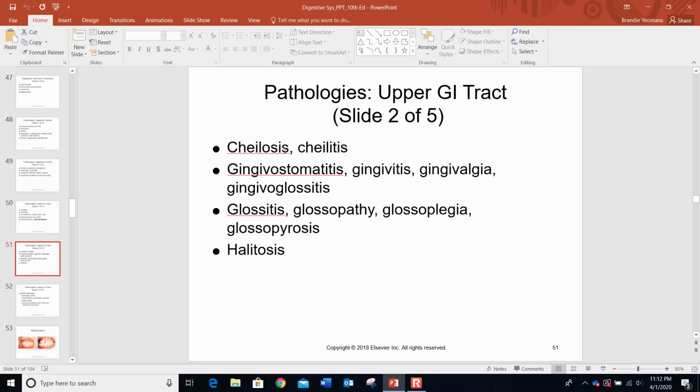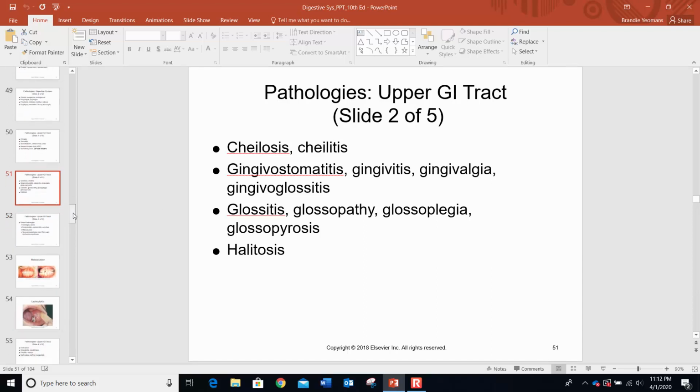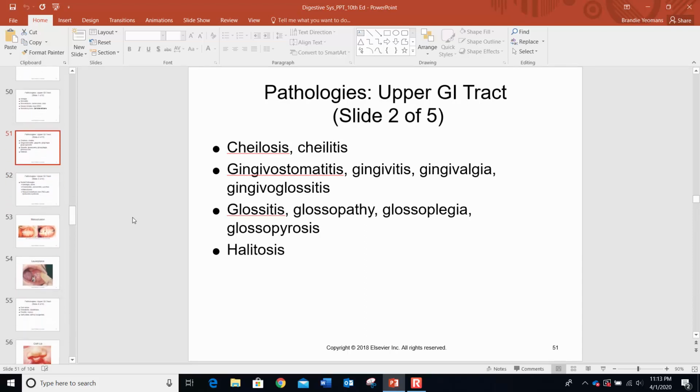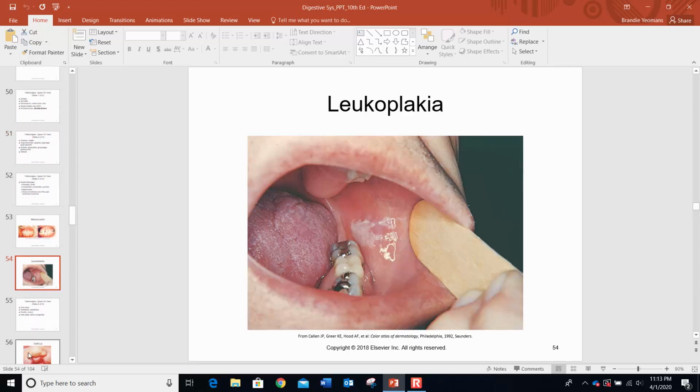Okay, so cheilosis is also a condition that you will see with some of your patients when they have a vitamin deficiency, and that tells us that we need to really look at ways to help them with their dietary plans.